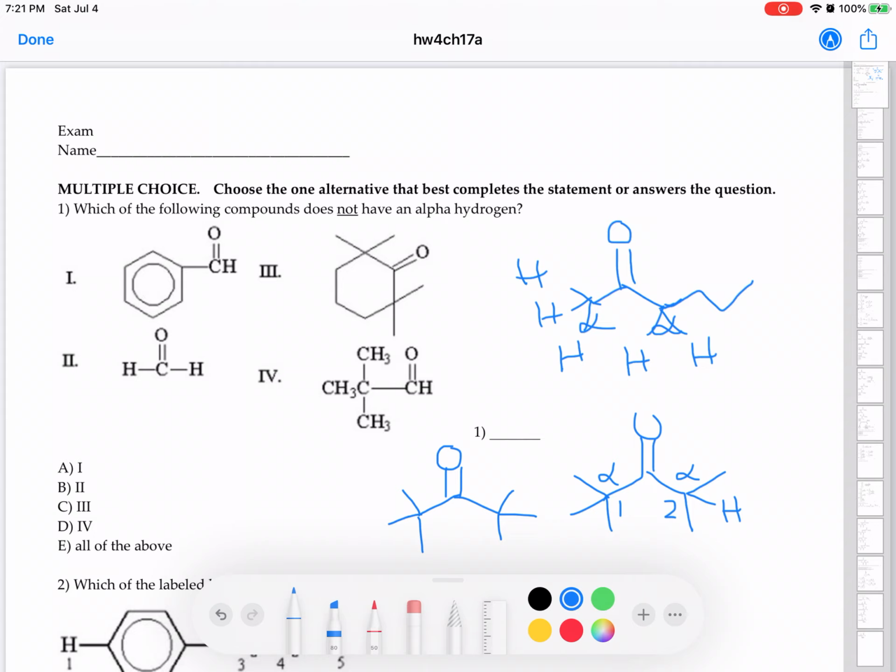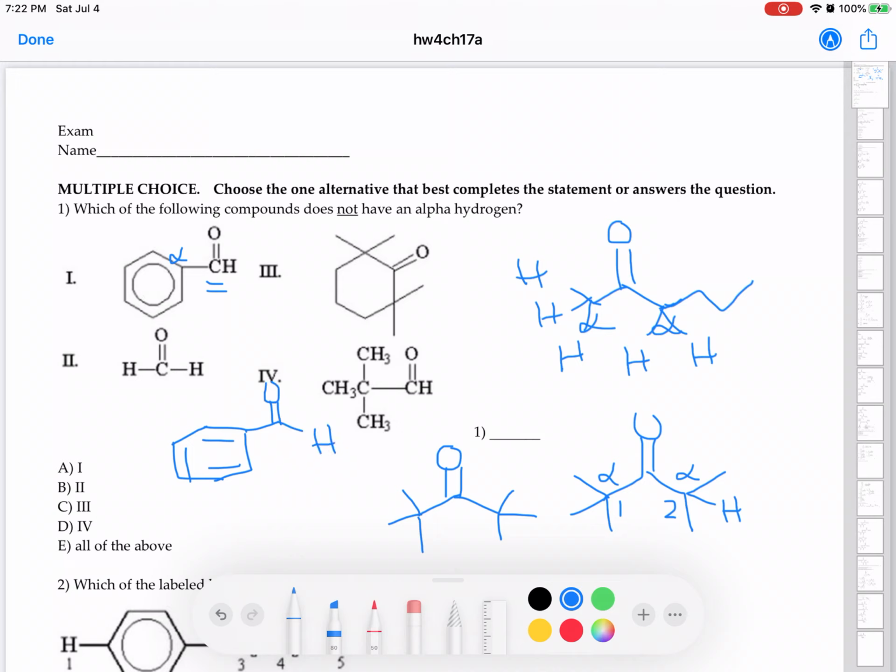Now let's find out in compound number 1, which one is our alpha carbon? This is the carbonyl group. Next to the carbonyl carbon is the alpha carbon, right there on the benzene ring. Do we have any hydrogens on that alpha carbon? There are no hydrogens, right? Because if you draw the benzene ring, it's like this, with the CHO.